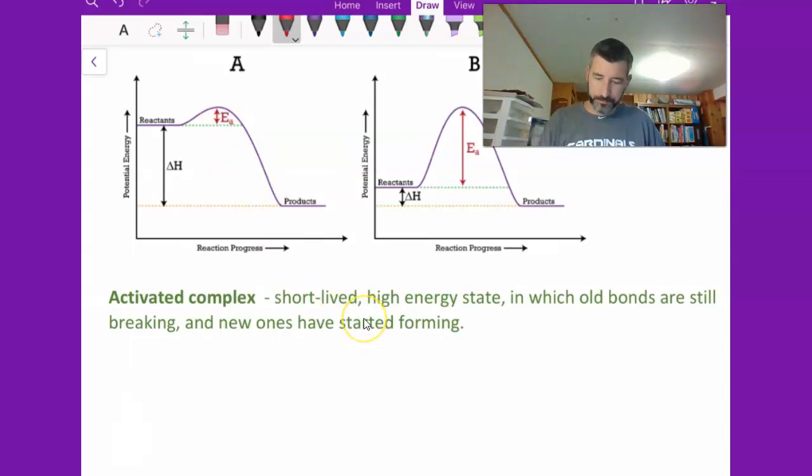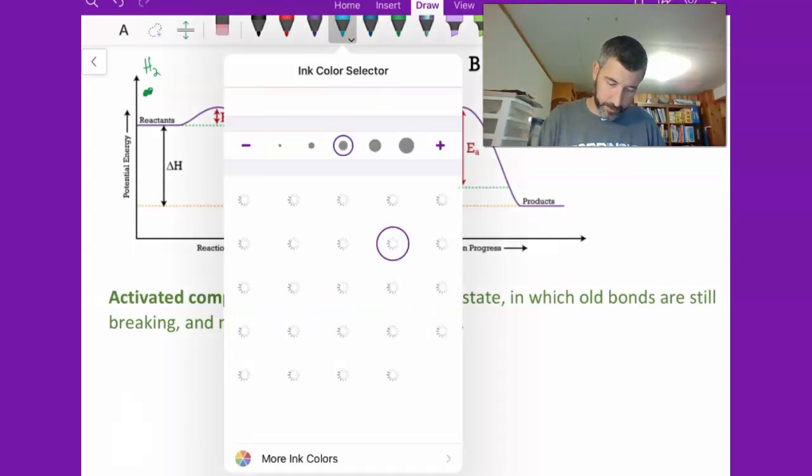So for example, let's say we are going to make H2 and I2 into 2HI. So that's a reaction. So H2, that's the little green guys there, and I2, we'll make those, I don't know, blue.